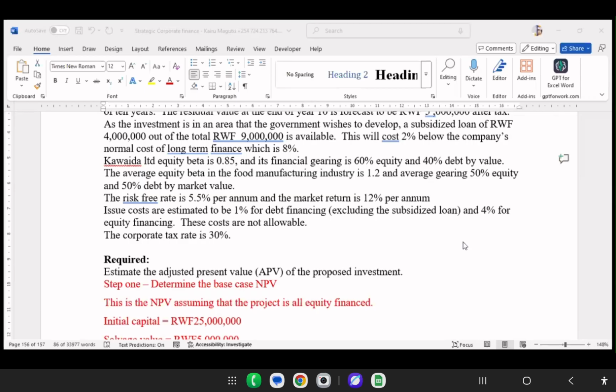Understand this question. Who is investing? You invest based on your costs. Let me ask you a question. If you are in Rwanda, you go to your bank, you borrow a loan, and you are given the loan at 20%. Then you take that loan to Kenya and invest in a 5 years project.